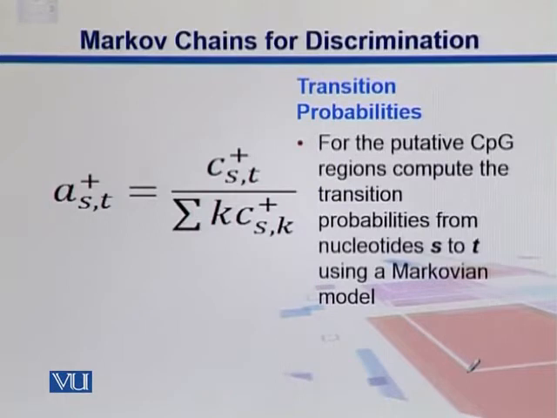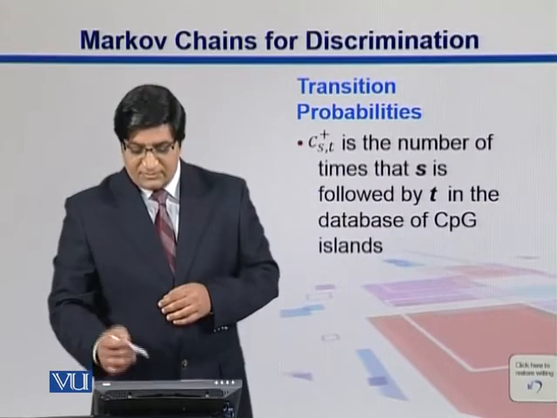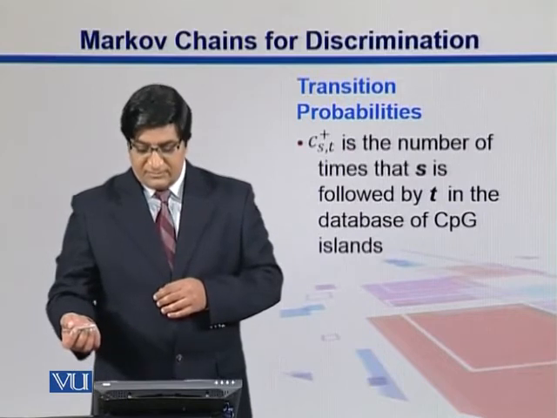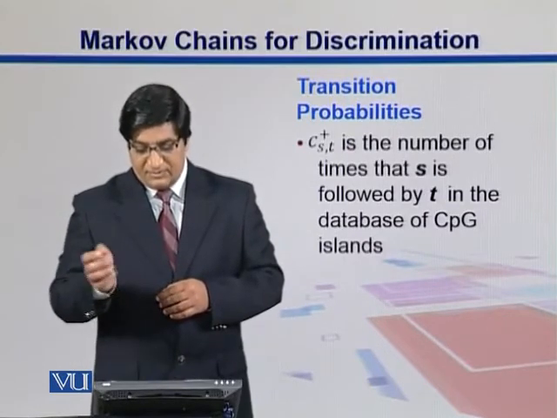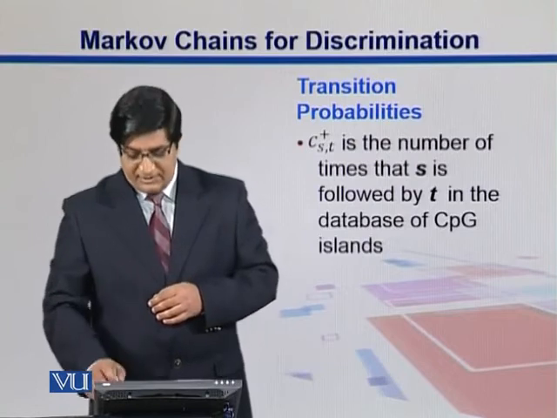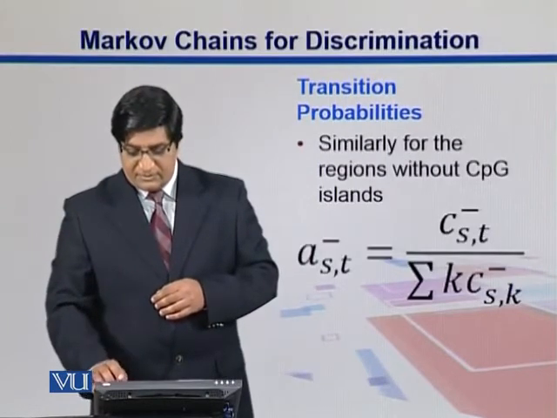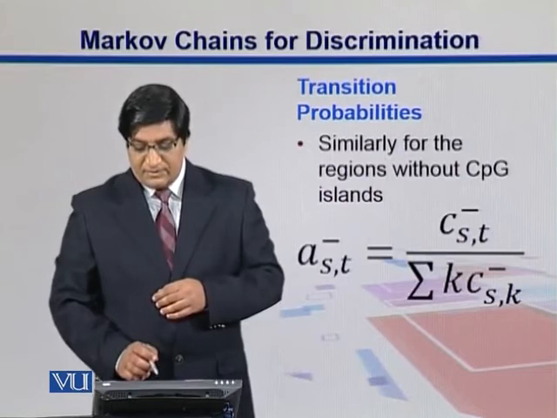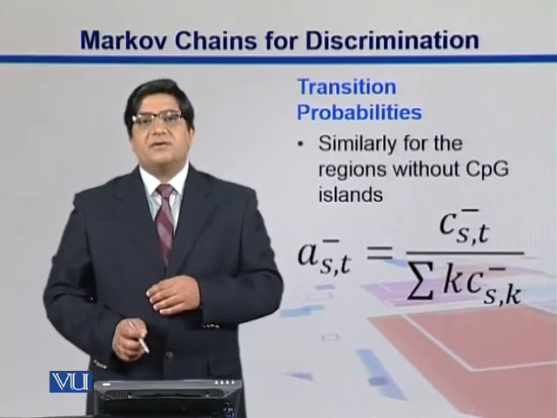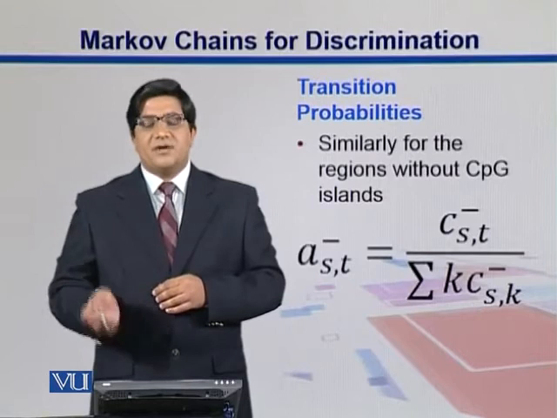In this equation, C is the number of times T follows S, and K are the states in this system. C plus ST is the number of times S is followed by T, where plus means within the CpG islands. In the same way we have C minus ST for regions without CpG islands, the CpG minus regions.